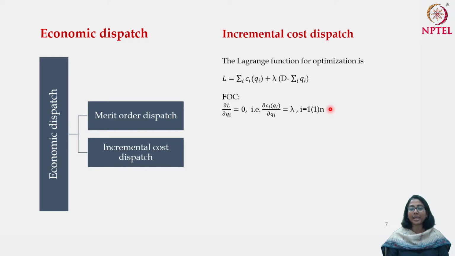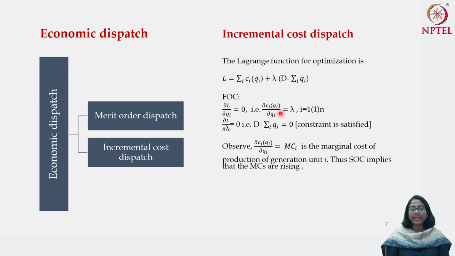Now I actually have n first order conditions because this condition holds for all i running from 1 to n. The n plus 1th first order condition is given by del L del lambda equal to 0, which means D minus summation of Qi is equal to 0, which means that your constraint is satisfied.